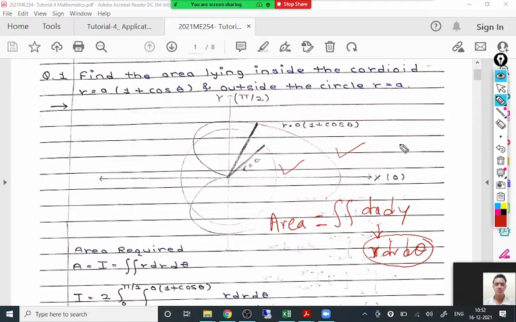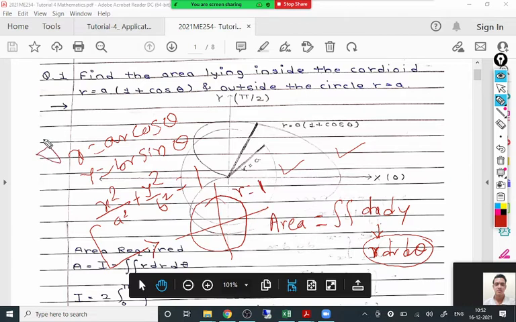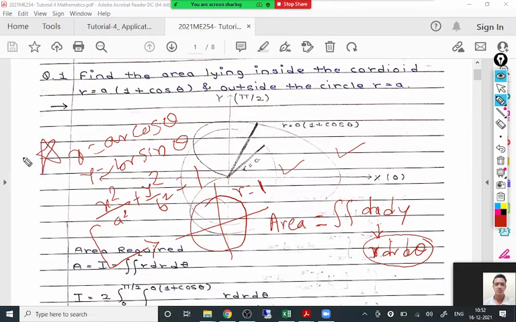But when you replace x by a r cos theta and y by b r sin theta, this is a special transformation made for the ellipse of the type x square upon a square plus y square upon b square equal to 1, which converts the ellipse to a circle. That circle becomes r equal to 1. So only for the ellipse we replace dx dy by ab r dr d theta.